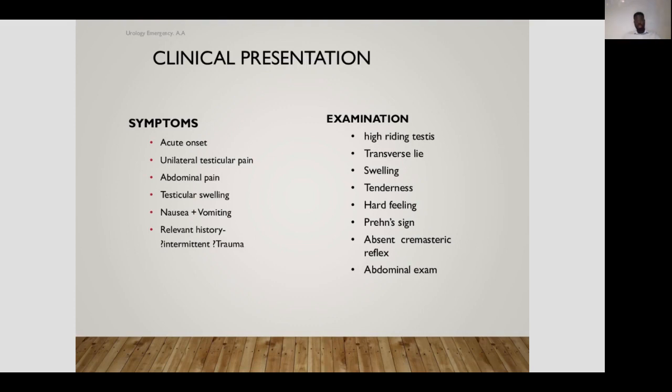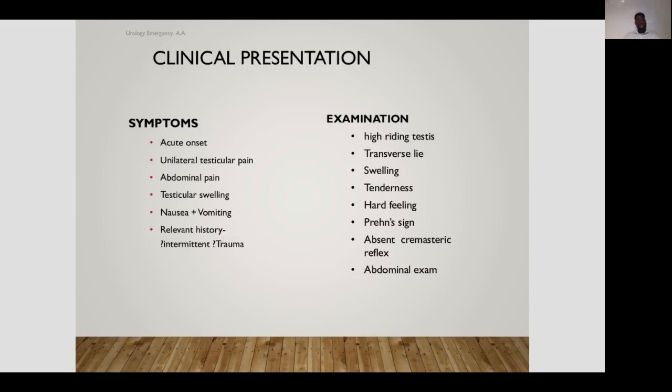So do the IPPA. You're not going to auscultate the testicles, but it's still quite important. So inspect, look for any swelling, check out the lie itself. You can have a look and see, does this look straight or does it look like it's lying sideways? When you say high riding testes, the left testis usually lies slightly lower than the right, but if there's torsion, it's going to be extremely high up, almost like it's going into the groin.